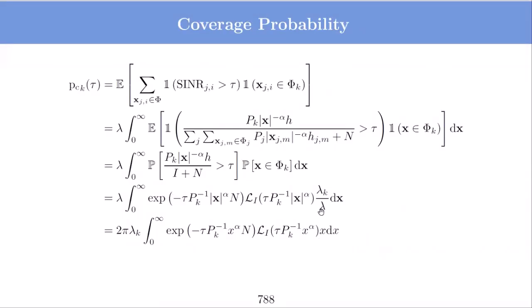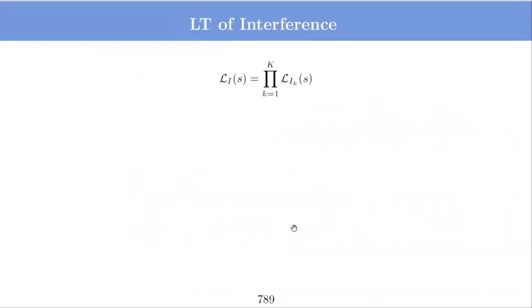What remains is to complete the Laplace transform of the interference, and here note that at any user, the interference will come from all the base stations of all tiers if they use the same frequency. Because I've assumed that all tiers are independent, the Laplace transform of interference is the product of those terms. So I is given by I1, the interference from the first tier, plus I2, the interference from the second tier, plus up to Ik.